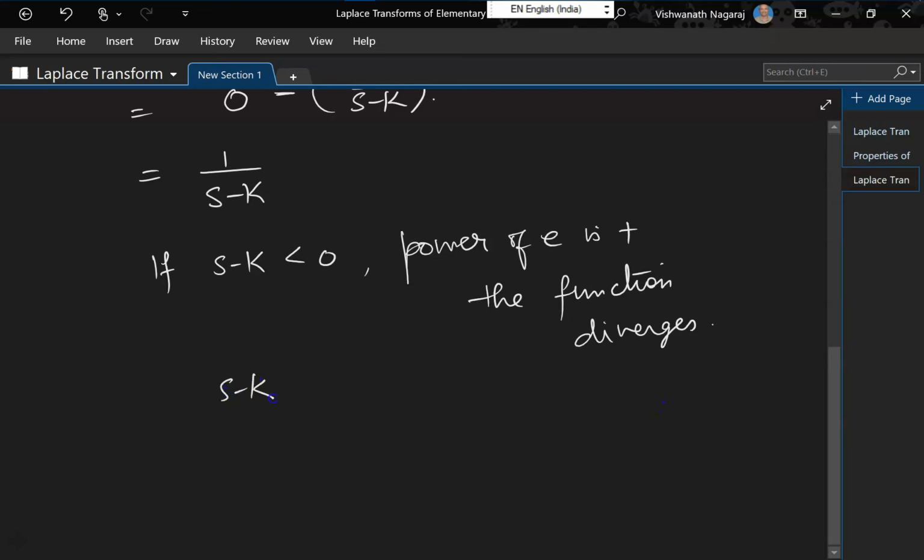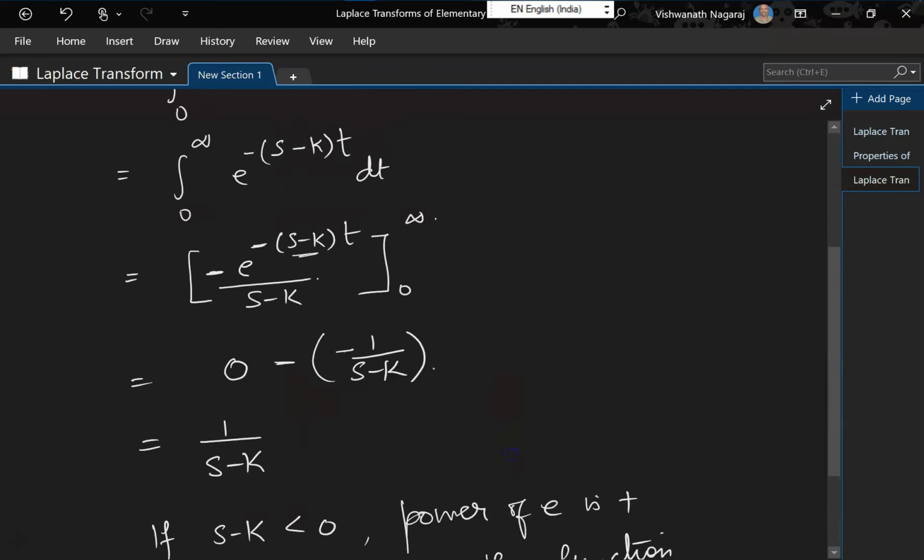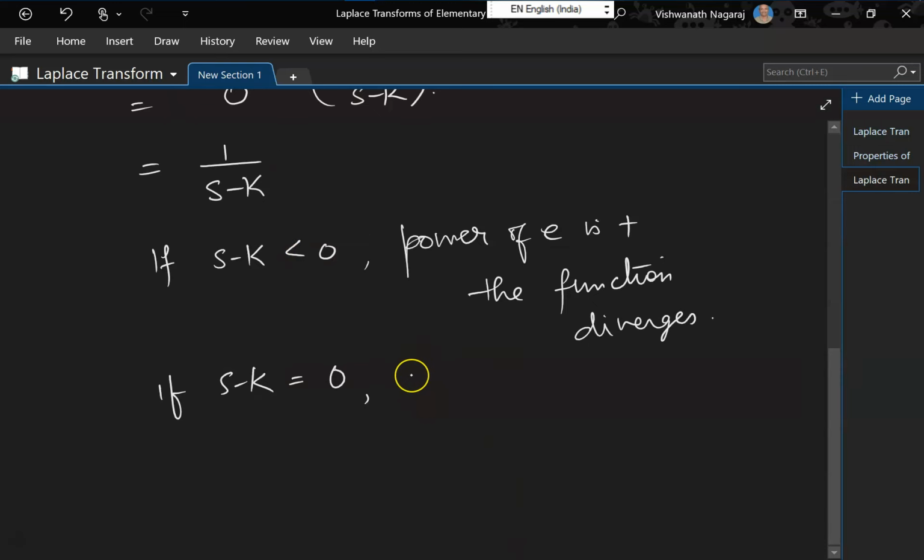If s minus k is equal to 0, then we get 1 by 0, which is indeterminate. Remember, it may be k, or it may be a, or it could be any letter.